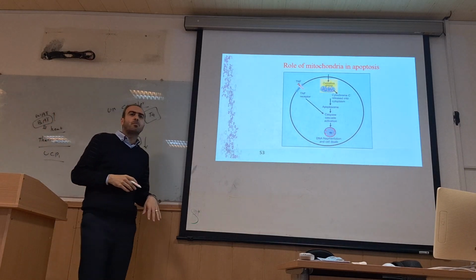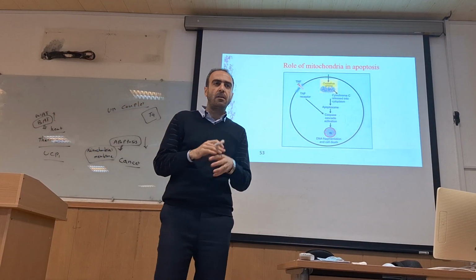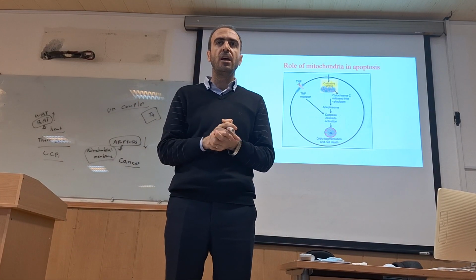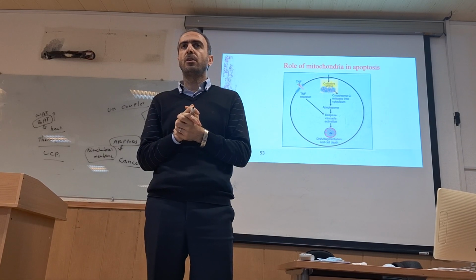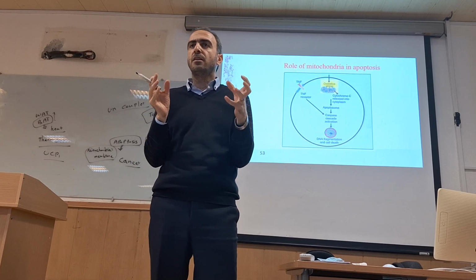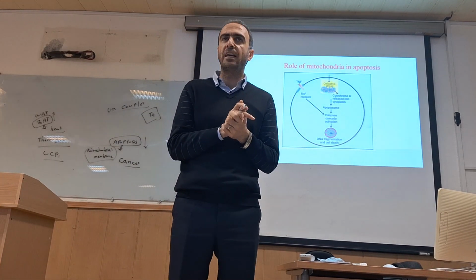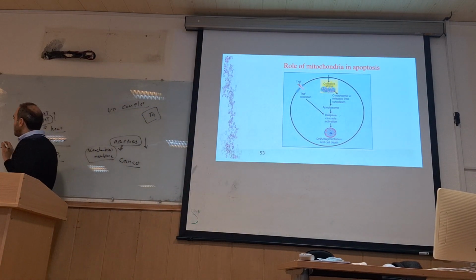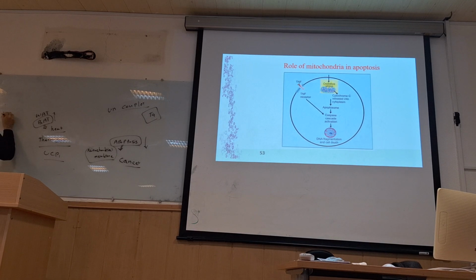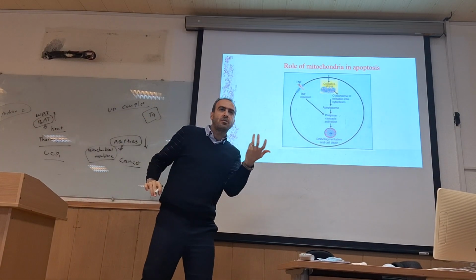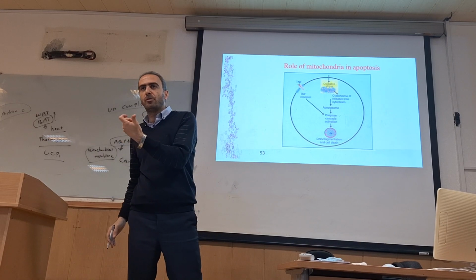Mitochondria is the power plant of the cell, the house of power production inside the cell. If the integrity of the mitochondrial membrane is destroyed, it means these cells should go to apoptosis. How can they understand that? We have cytochrome C. Cytochrome C is one of the mobile parts of this chain, which transfers electrons from complex number 3 to 4.